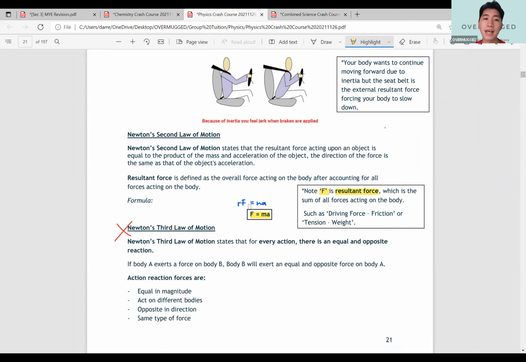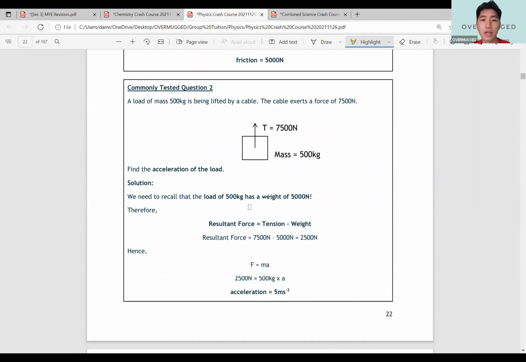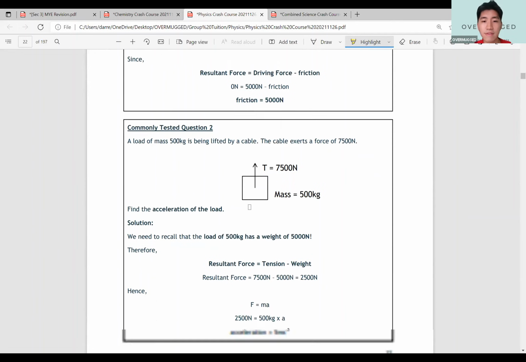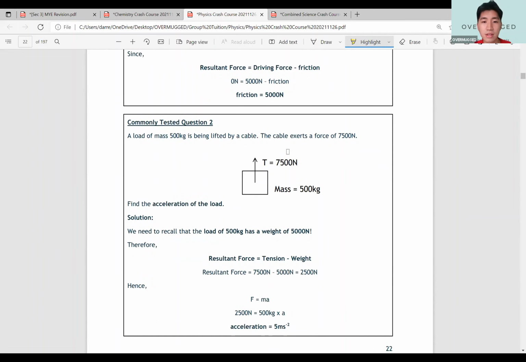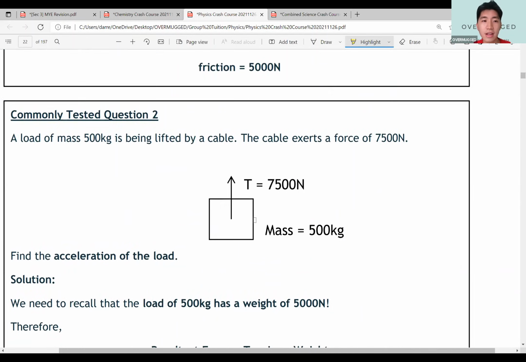Now, how does this apply in the form of a question? Let's quickly take a look at this question 2 here. If I don't show you all the answer, and I just zoom in, you know what most of you are going to do? This is the classic. You're like, okay, this is Newton, this is force. This is mass.